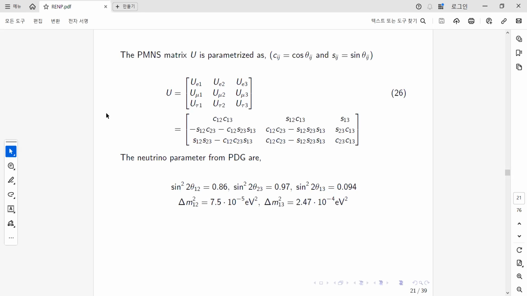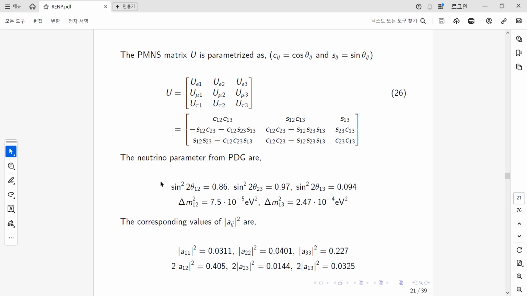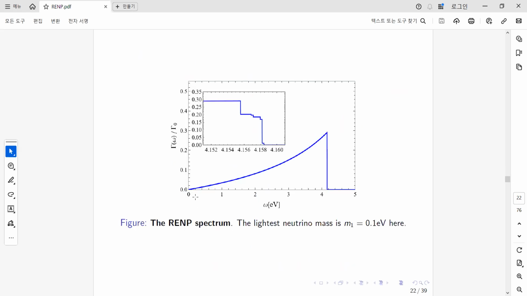Before that, we'll use the standard parameterization of the PMNS matrix, and use the neutrino parameters from the Particle Data Group review. By using this, we can find the corresponding values of the mixing structure terms A_ij. So this is a LAMP spectrum.